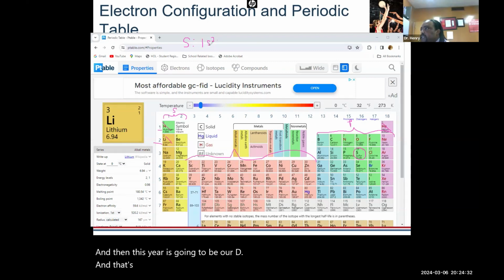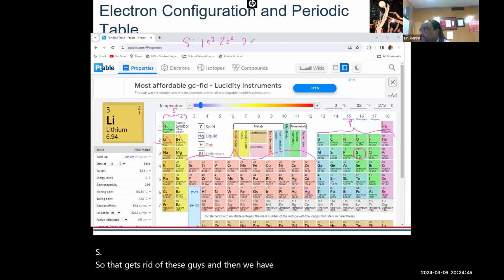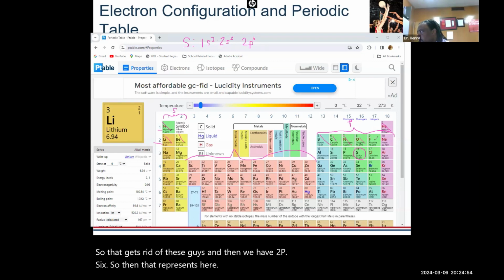So we have 1s2, 2s2. So that gets rid of these guys. And then we have 2p6. So then that represents here, all those. And then we have 3s2.